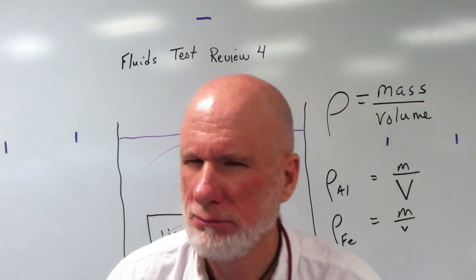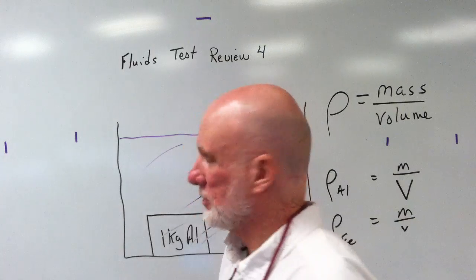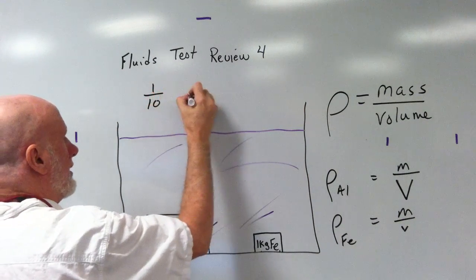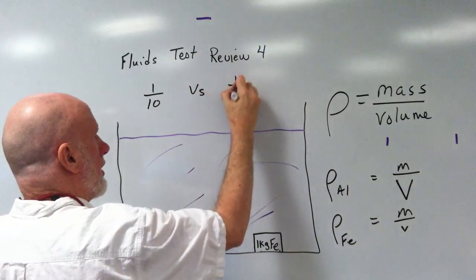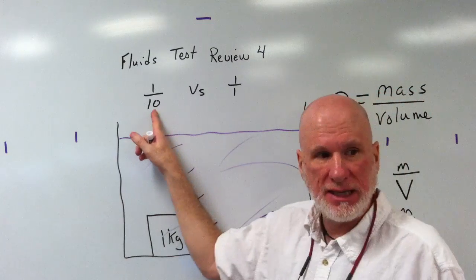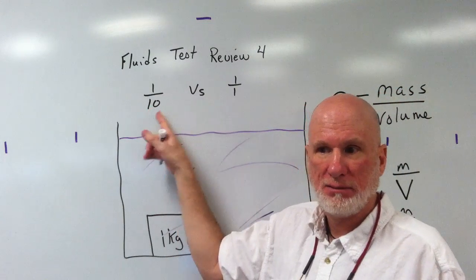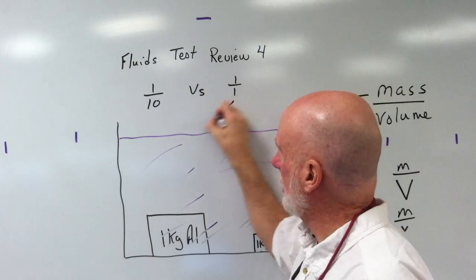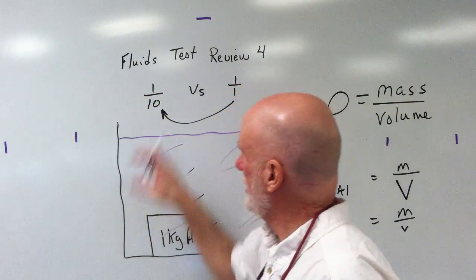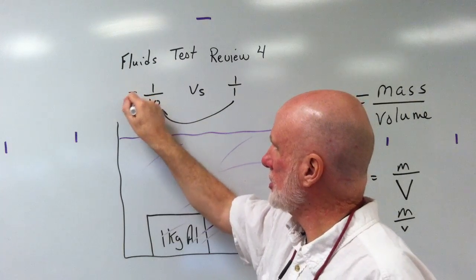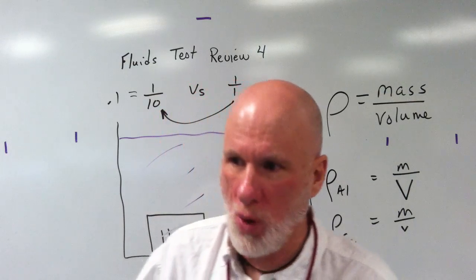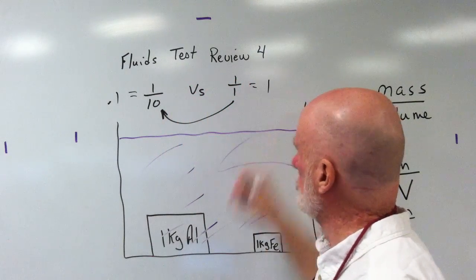Okay, let's see. 1 over 10 versus 1 over 1. I'm going to increase the denominator. I go from 1 to 10. The numerator stays the same. This quotient equals 0.1, right? The quotient here is 1.